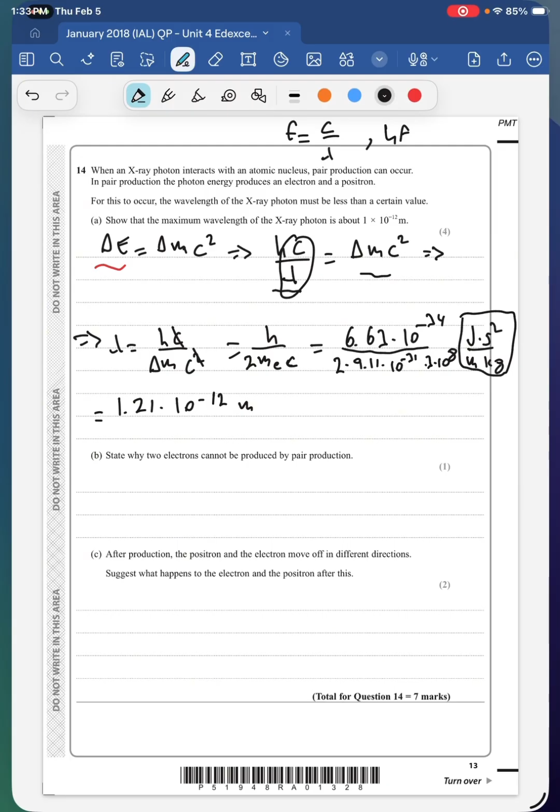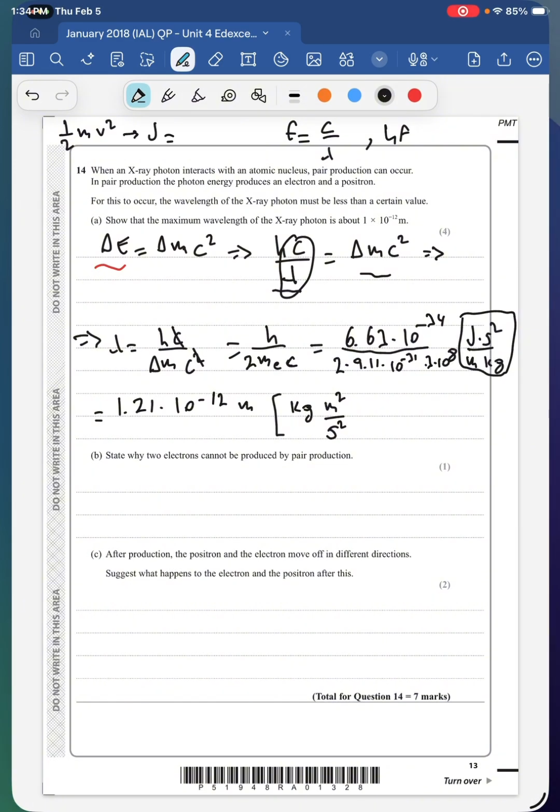And how do I know that it's meters? Actually, there is space here, so let me work the units. 1 joule is 1 kilogram times meter squared over second squared. How do I know that? Because 1/2 mv squared is the kinetic energy that has units of joules.